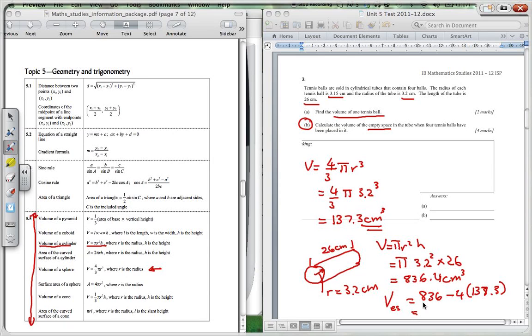So I'm going to get my answer minus 4 times brackets 137.3 close bracket, enter, and I get 287.2 centimeters cubed. So that will be the answer for this one.